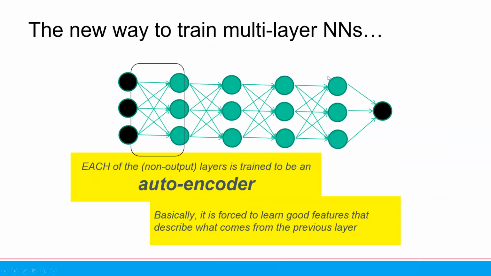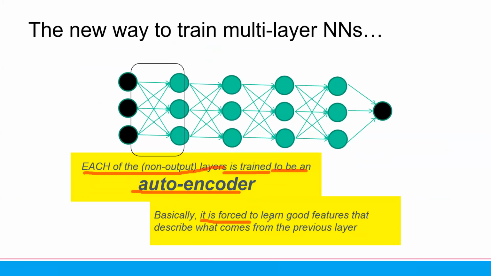And sometimes there are some ways to make the hidden layer, which we call the autoencoder, where each of the non-output layers is trained to be an autoencoder.